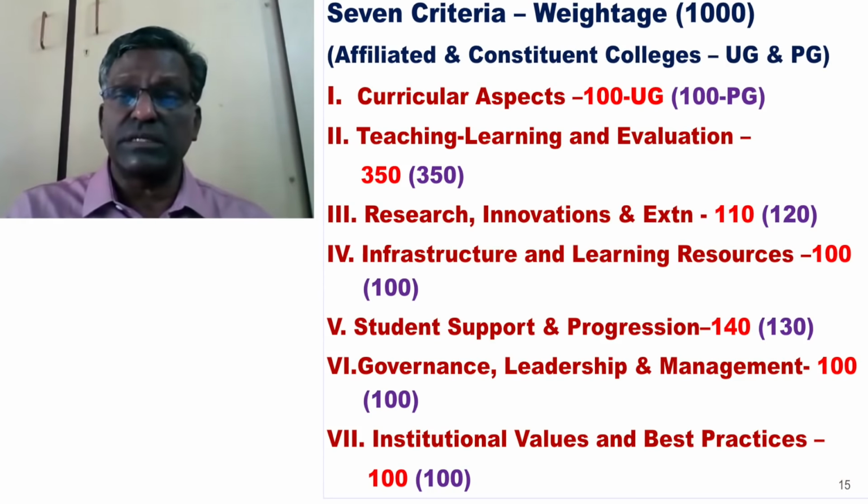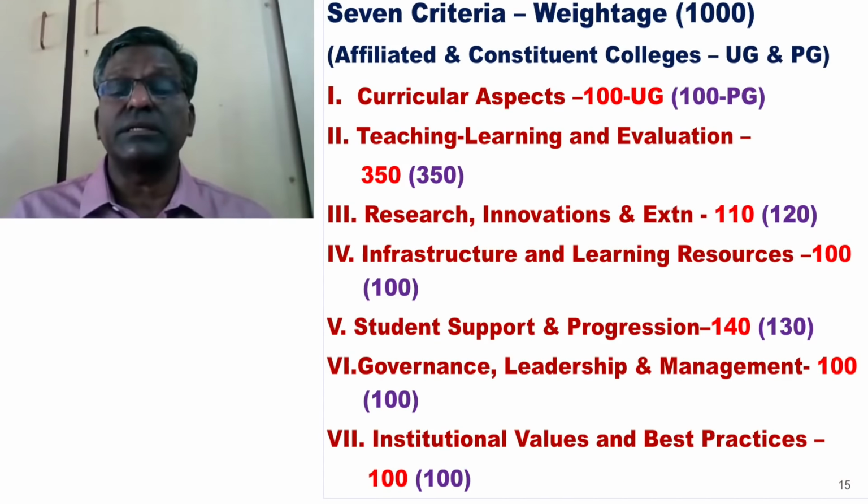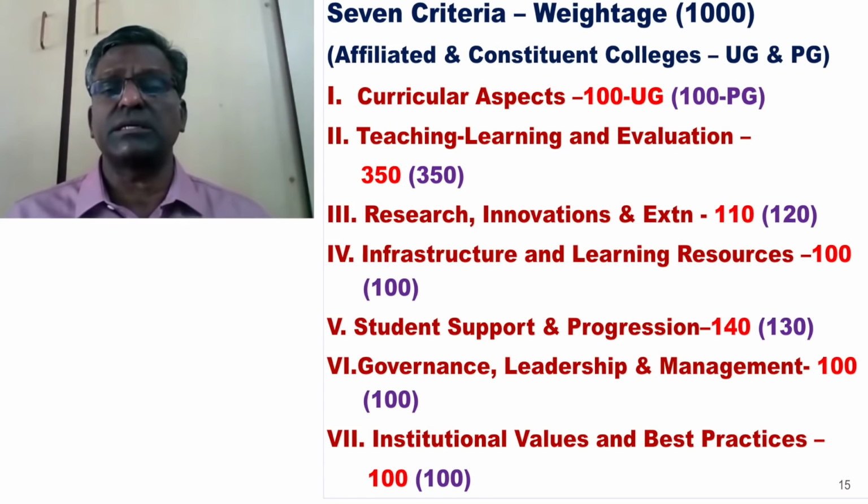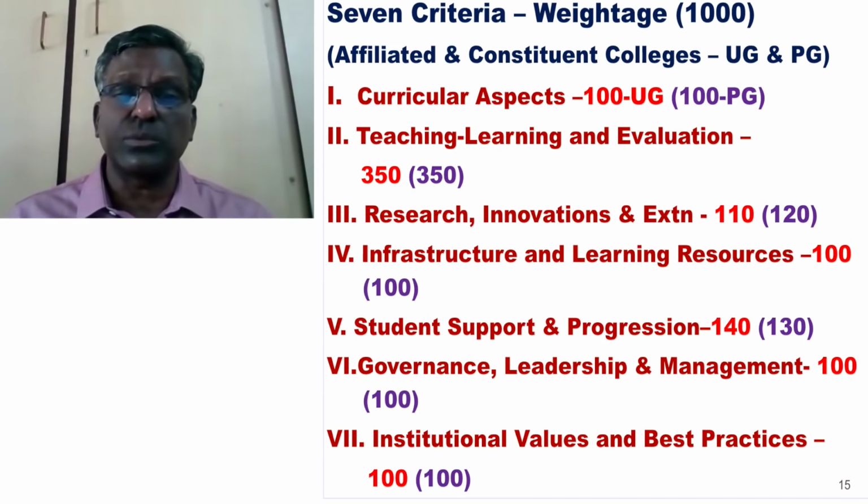So these are the 7 criteria. And what is the weightage that is given to affiliated and constituent colleges that offer only UG programs? And what is the weightage that is given to affiliated and constituent colleges that offer both UG and PG programs? With reference to the first criterion, curricular aspects, 100 is the weightage for UG and 100 is the weightage for PG as well. There is no difference in terms of weightage.